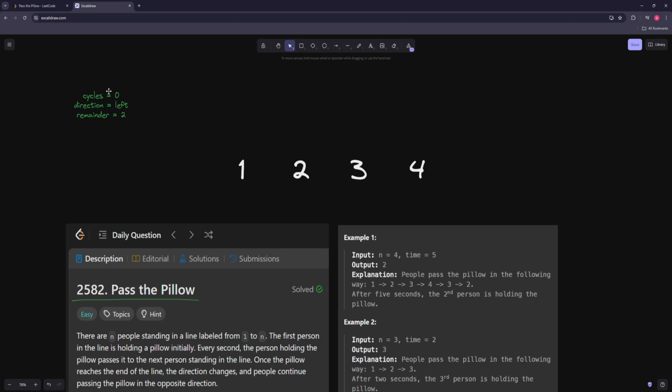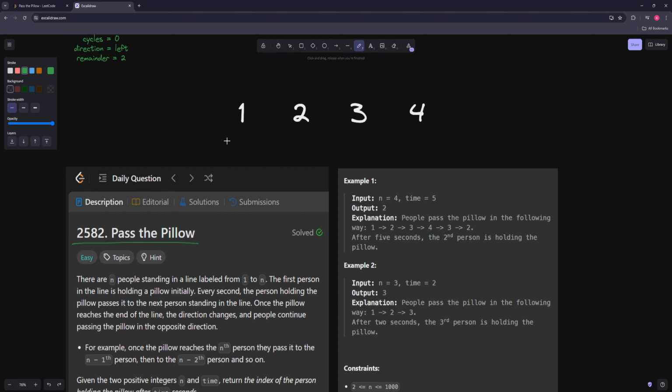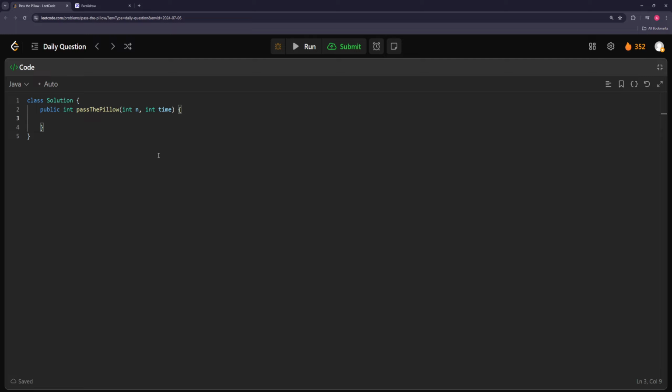So you just calculate the number of cycles in O of 1, calculate the direction in O of 1, calculate the remainder in O of 1, and from that information, you're either starting here and adding the extra section, or you're starting here and subtracting the extra section. So let's do that. So we can say cycles equals time mod n.